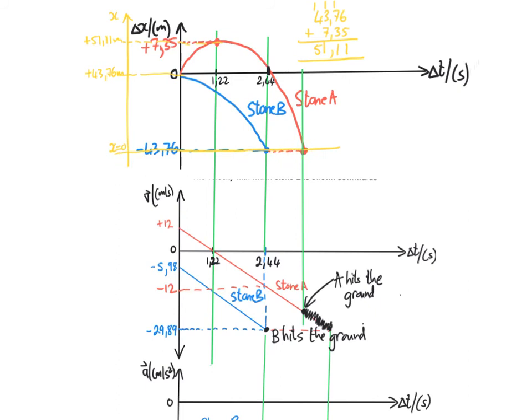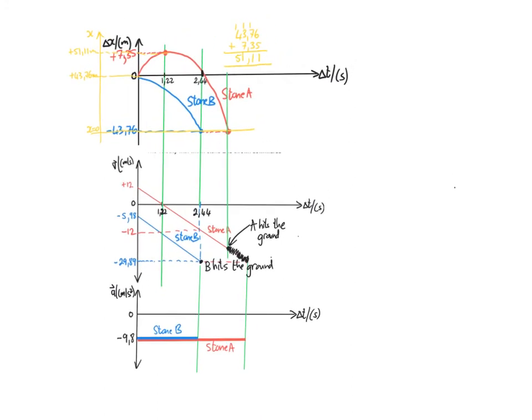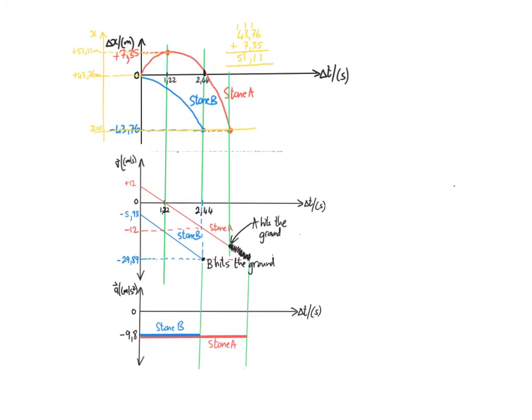So that's enough for now. I do apologize for the fact that the graphs are not as accurate as I would have liked them to be, but the idea here was to give you an idea of what the shape is. And as you can see with accelerated motion, when your accelerations are negative under the influence of gravity, we get position time graphs that are parabolas.